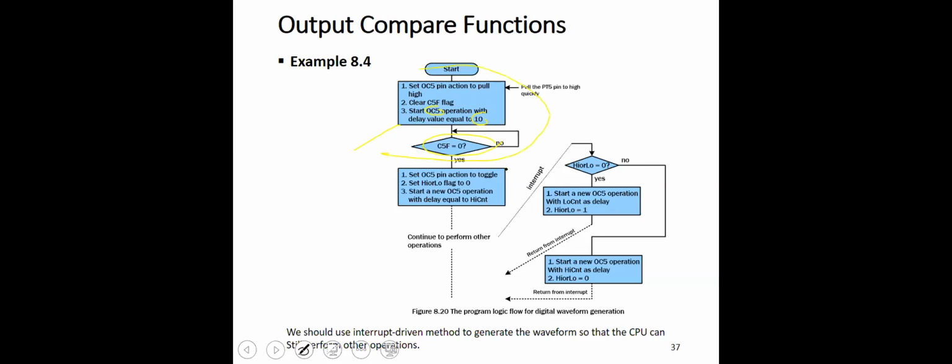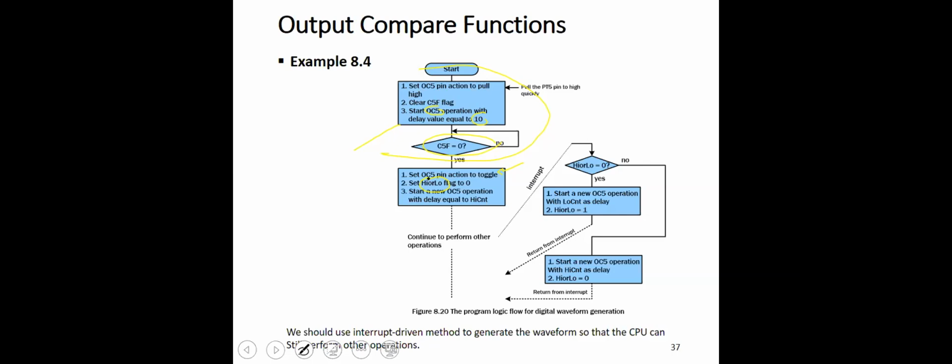Next, we set the pin to toggle. Then we have this variable high or low. It is a variable in memory which keeps track of whether we are in the high portion of the signal or in the low portion of the signal, in order to know whether to add 900 to the time or 2100 to the time.